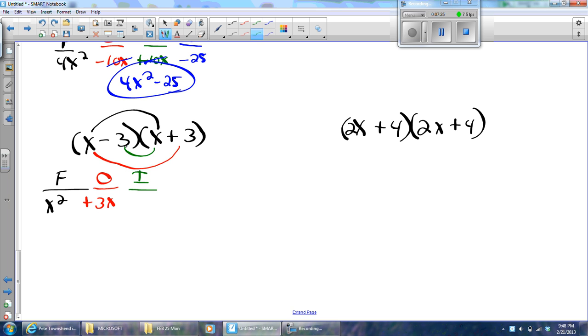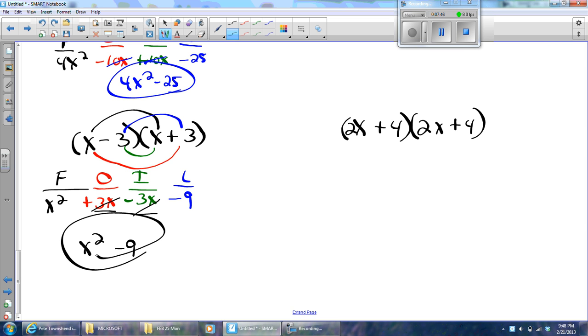Get a negative 3x. And then I'm going to do my lasts, which is going to get me a negative 9. Like terms right here and here. X squared minus 9. How come? Because the like terms canceled each other out. There you go.